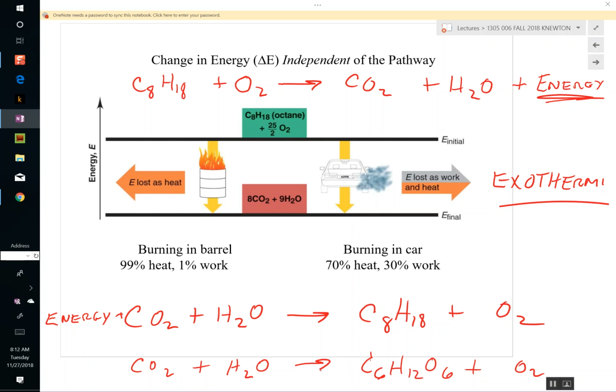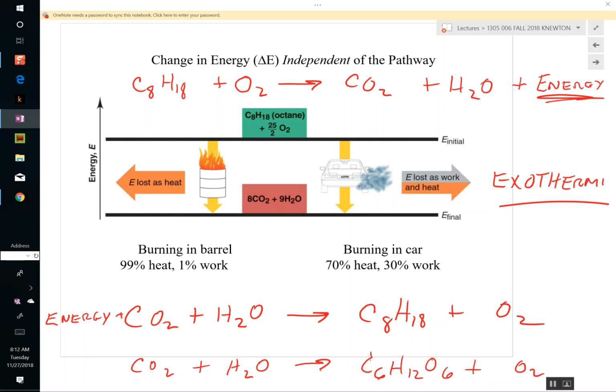Okay, so this is an endothermic reaction. The reverse of that reaction is endothermic. It requires energy. Energy plus carbon dioxide plus water can produce gasoline and oxygen. That's endothermic. So whenever you're seeing energy as a reactant or on the left side of the equation, that's one way of seeing an endothermic reaction.